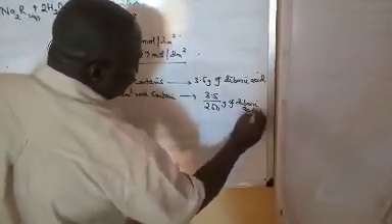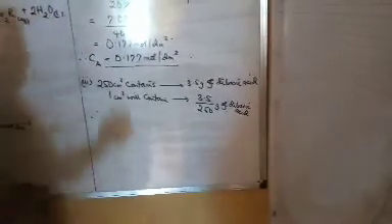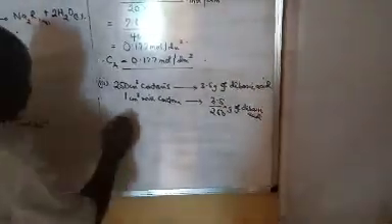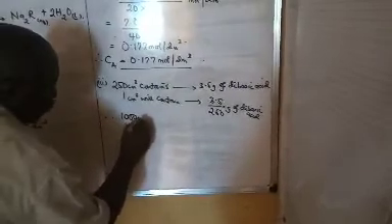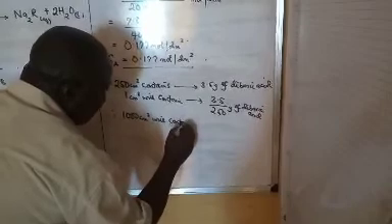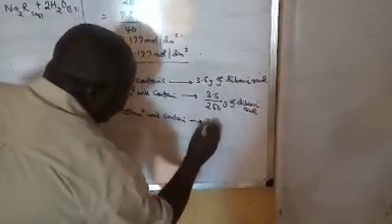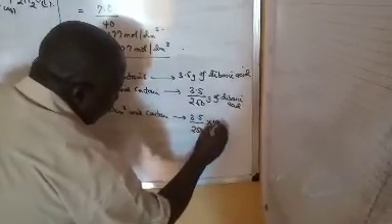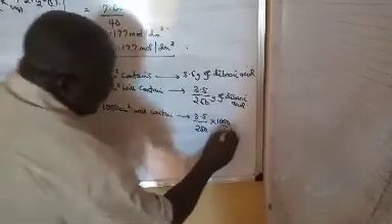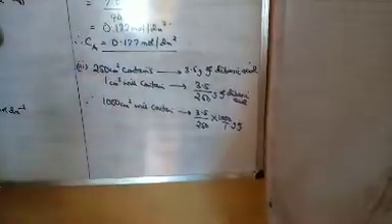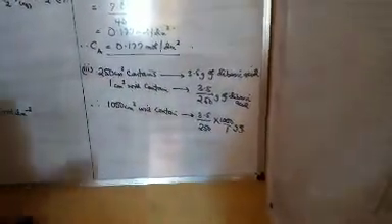Then therefore, 1 dm cube, which you will convert because you are using cm cube there, as 1000 cubic centimeter, will contain 3.5 over 250 multiplied by 1000 over 1 grams of the dibasic acid we have in the question here, this H2R.